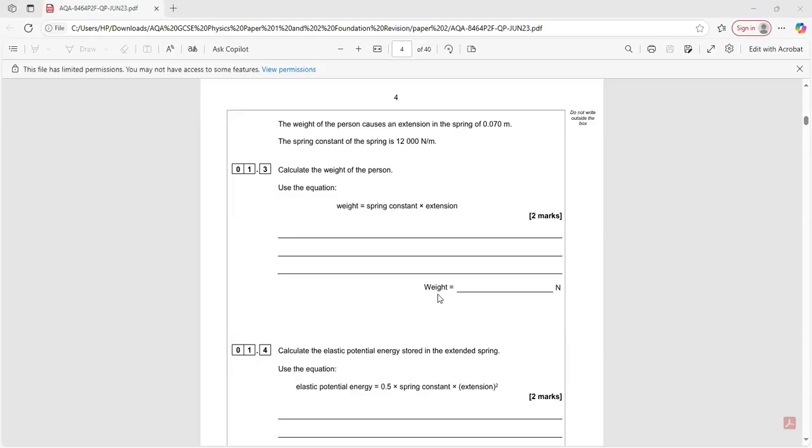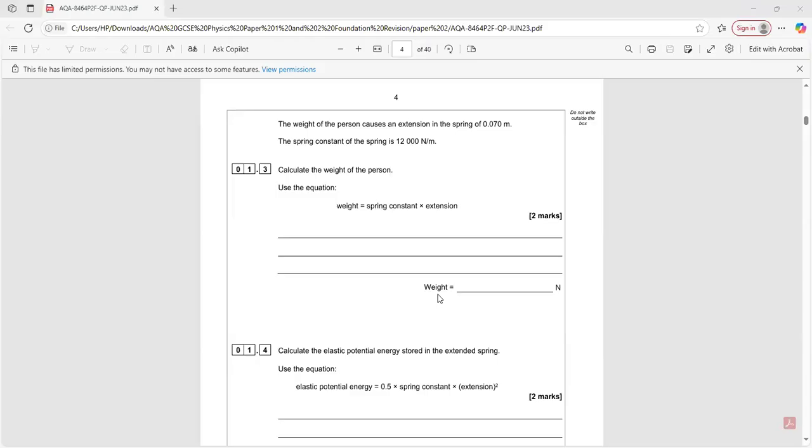The unit of the spring constant is Newton per meter, and the extension unit is just meter. So they have to match in terms of the meter.